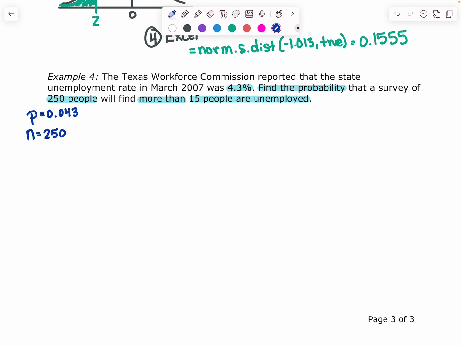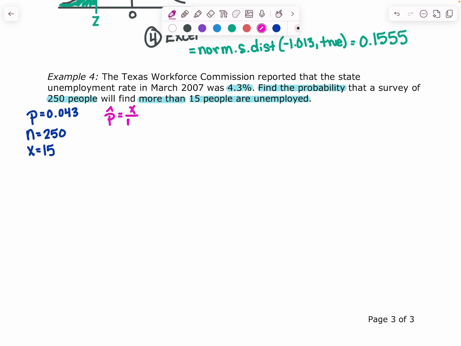But now this 15 is not p hat, it is x. It is the number of people that are unemployed. So I don't have p hat. I need to find p hat so I can use it in my z-score equation. So before I can do step 1, I need to do step 0, like a little pre-step of finding p hat.